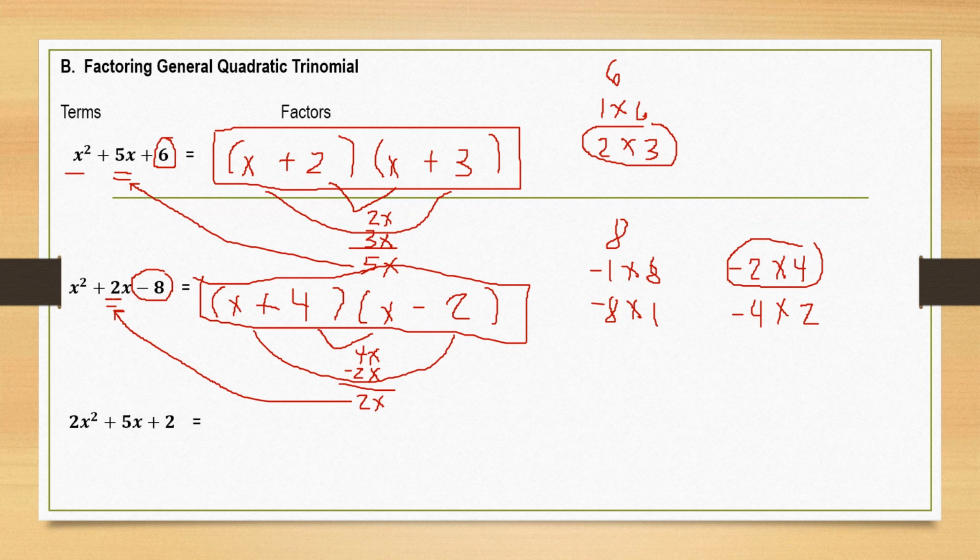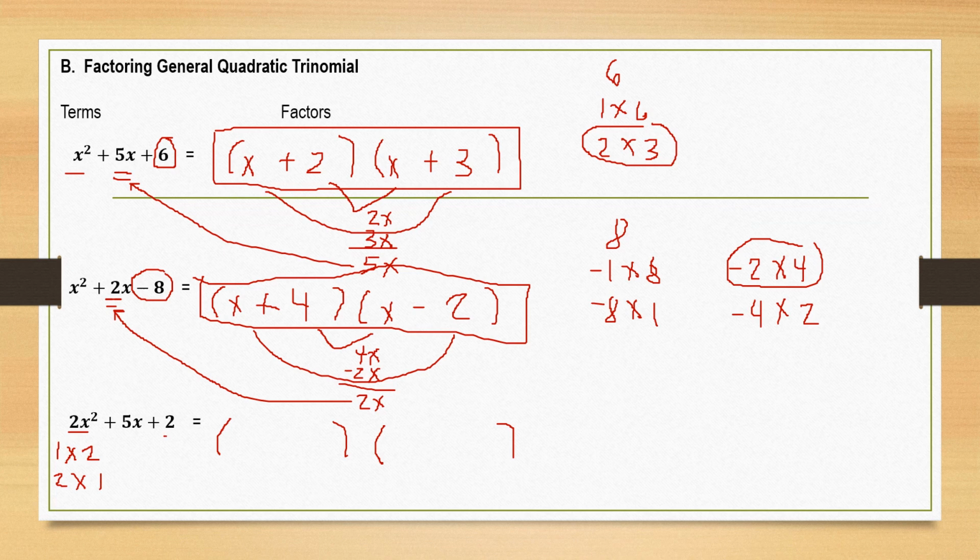Number 3, we have 2x squared plus 5x plus 2. We can use the trial and error method. So for the first term, what are the factors of 2x squared? It can be 1 times 2 or 2 times 1.